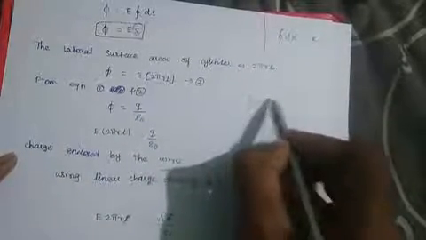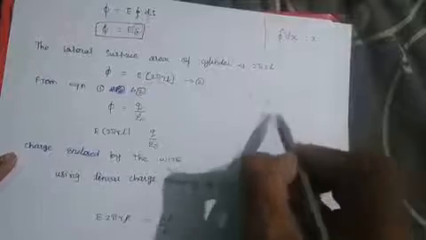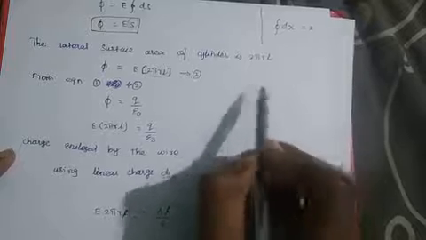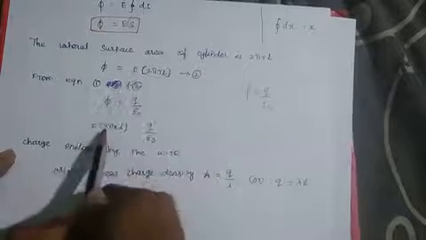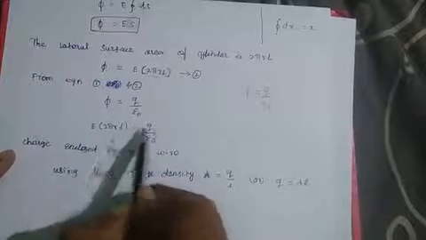From equation 1, from Gauss law, the definition, phi is equal to Q by epsilon naught. So we can replace the phi value: E 2 pi RL is equal to Q by epsilon naught. Next, we need the charge enclosed by the wire. If you consider a length of wire, it can consist of many charges.